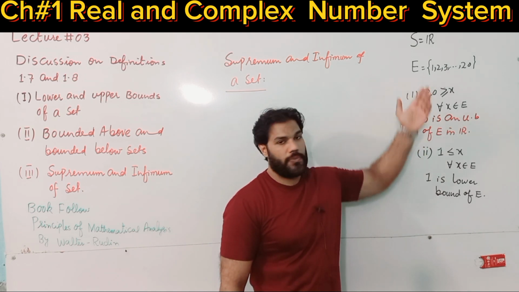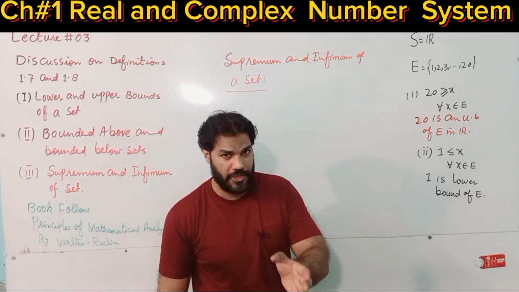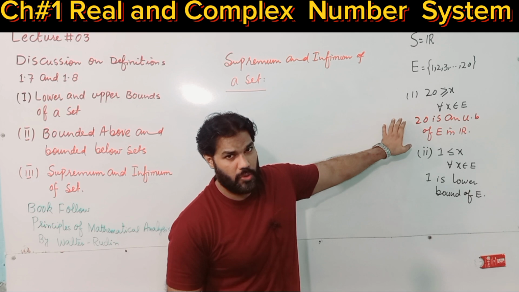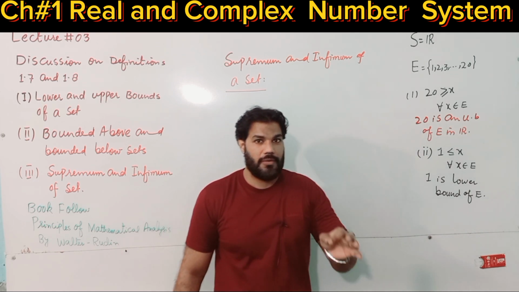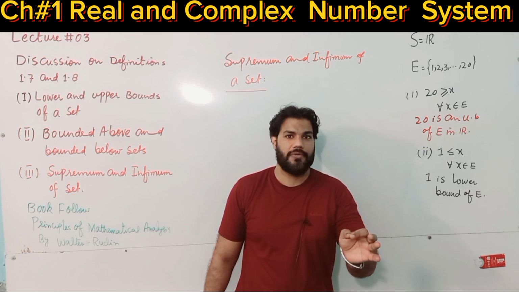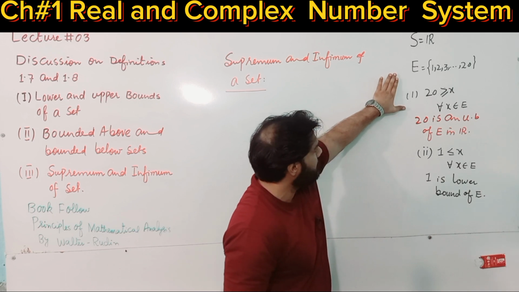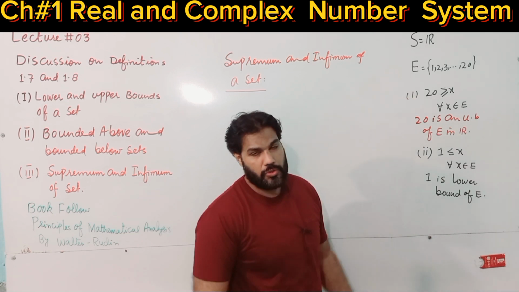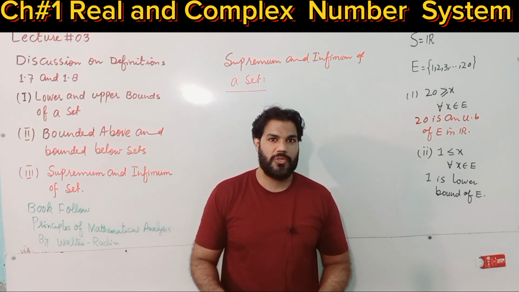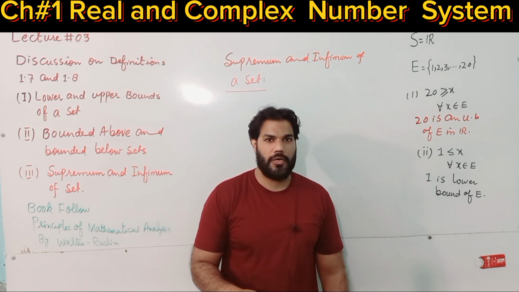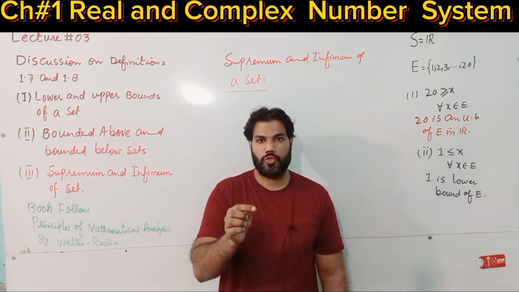That is, 21 is also an upper bound of E. 21 is greater than every element of E. 22 is also an upper bound of E. So every real number that is greater than or equal to 20 represents an upper bound of E. So if a set E has an upper bound, then it is possible that it may have infinitely many upper bounds. So the smallest one is called the supremum.